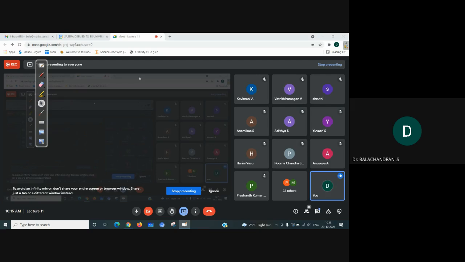But you need to take a photo of any 10 problems and post them in the GCR, which I will create. The reason is that taking photos of all the problems is a waste of time. Once you come to the university, if you have a separate notebook, you can submit that assignment to me.